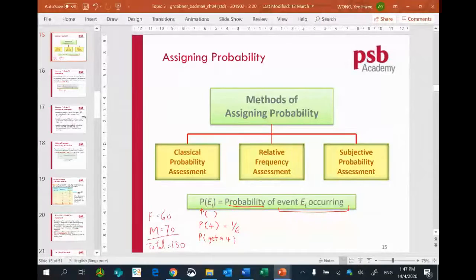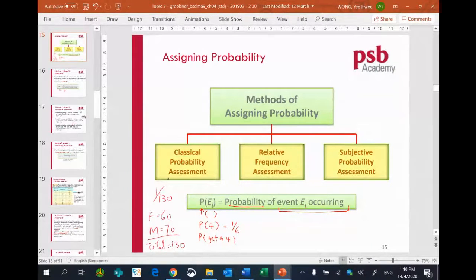If I were to pick one of you, what's the chance that I pick a male student? Every single student, either male or female, has a 1 out of 130 chance of being selected by me.